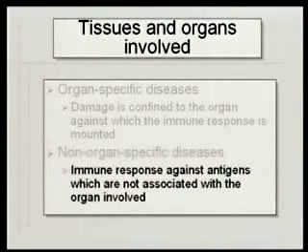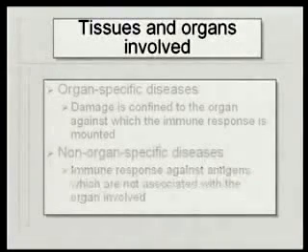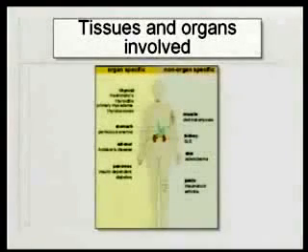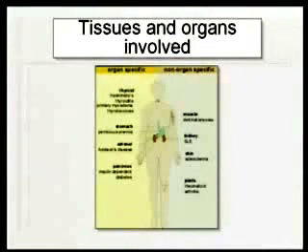So I've already explained that. Okay, here are some examples of that. Insulin-dependent diabetes is an example of organ-specific autoimmune diseases, on the left-hand side.